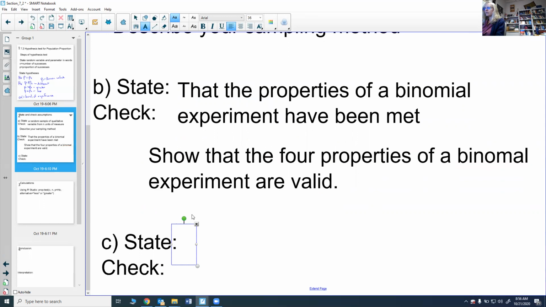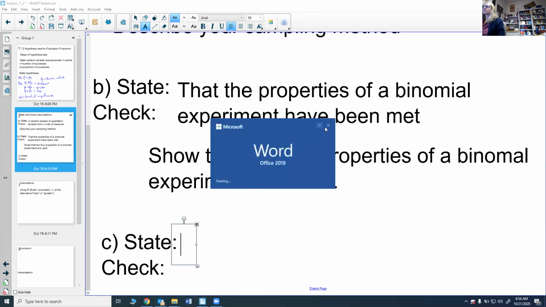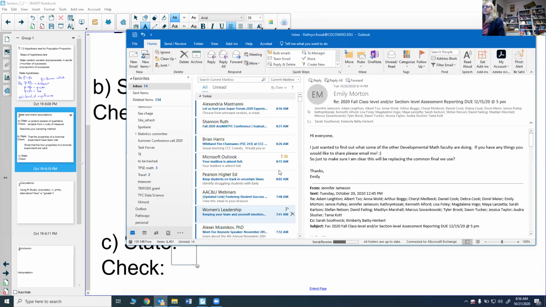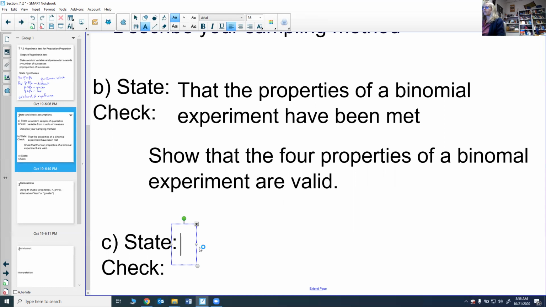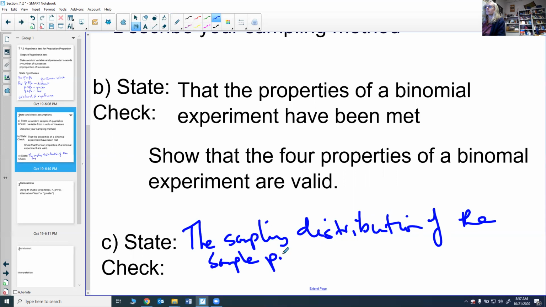The last one is that the sampling distribution of the sample proportion, and the symbol for sample proportion is actually a P with a little hat on top of it, because we can't just use P, since we use P for the population proportion.